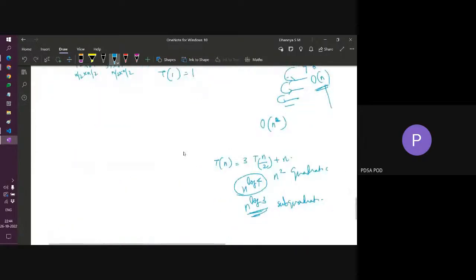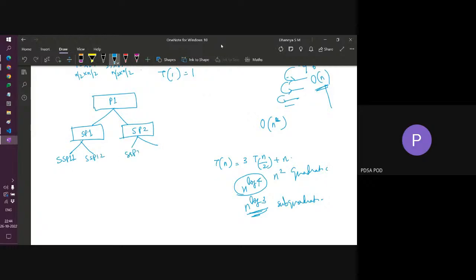So I'll just go ahead with some common conclusion which I wanted to do. In the case of divide and conquer, as I was showing, all the places where we have been drawing, this is nothing but a tree. This is a tree where you have this problem P1. You divide into subproblem 1 and subproblem 2, and then you have subproblem 1 and so on.